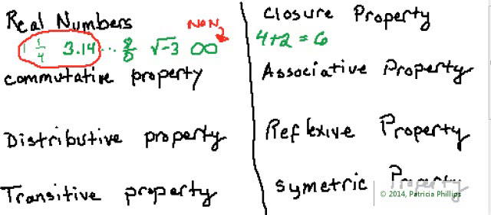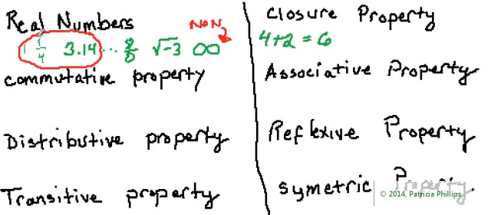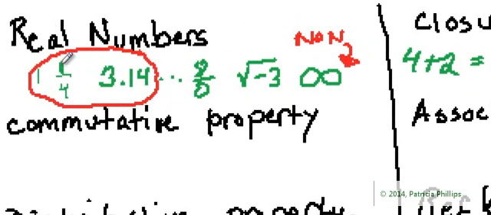Okay, so first of all, these only apply to real numbers. And what are real numbers? Well, real numbers are most of the numbers that we deal with every day. The common numbers that we know, such as, I have it up here, 1, whole numbers like 1, 1/4, 3.14, that's pi.